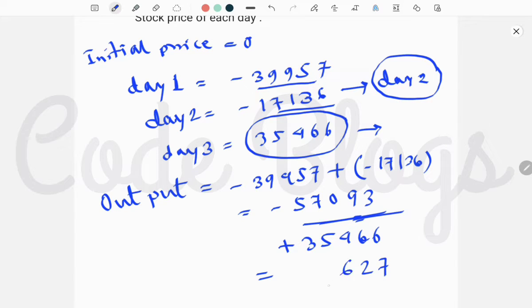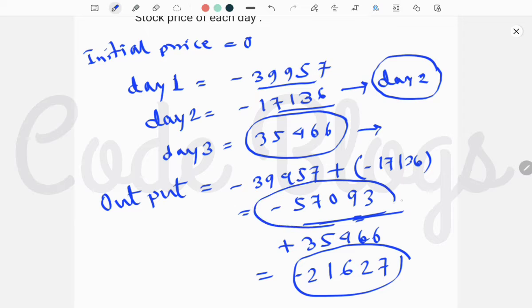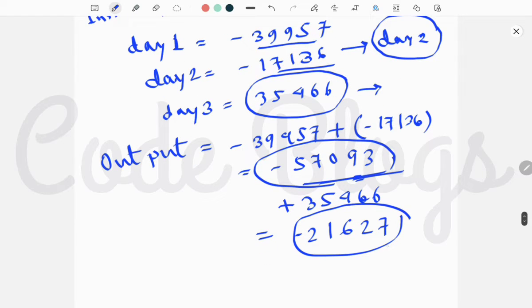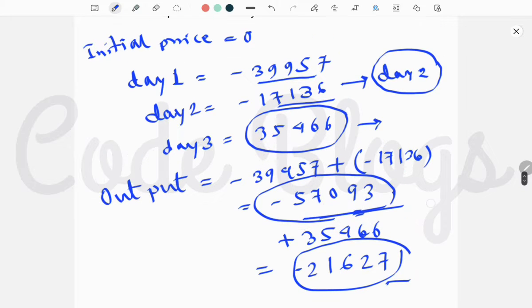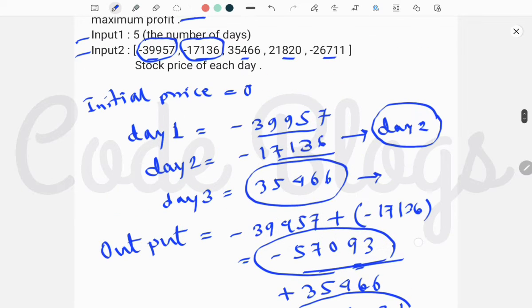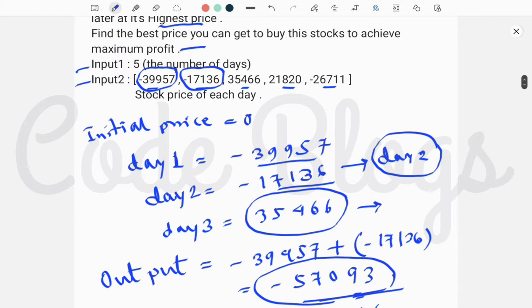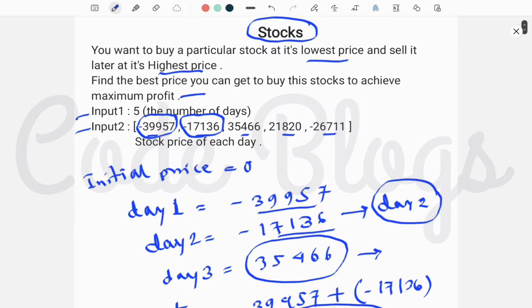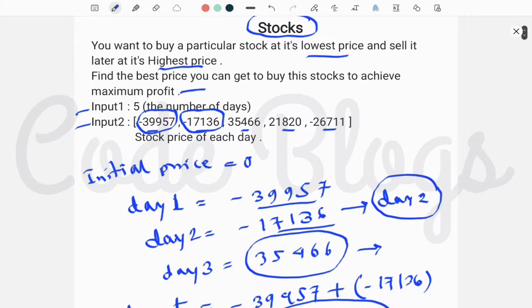I think day 2 will be the best because its value becomes so low to achieve maximum profit. On day 3 the value becomes higher than day 2. That's why day 2 is the best day to buy the stock to get the maximum profit. So our output will always represent the total value of the stocks on a particular day.